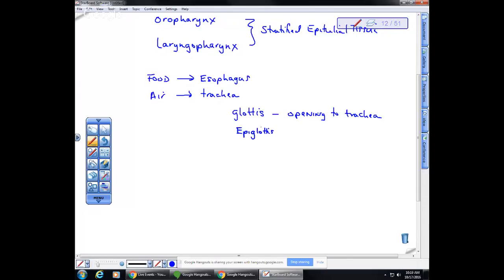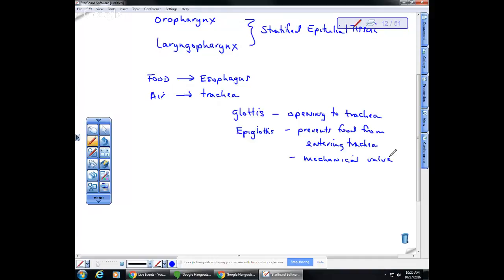And so the epiglottis prevents food from entering the trachea most times. Right? It is actually a mechanical valve. And so it actually takes food in order to shut it.